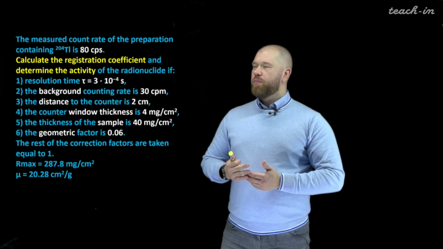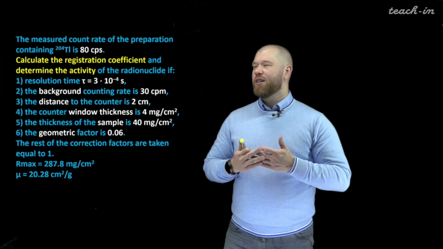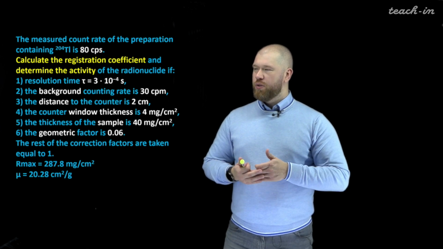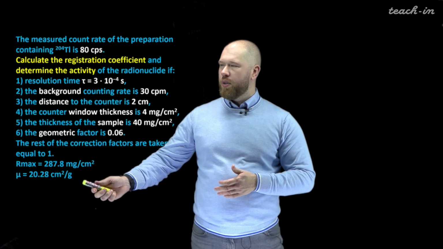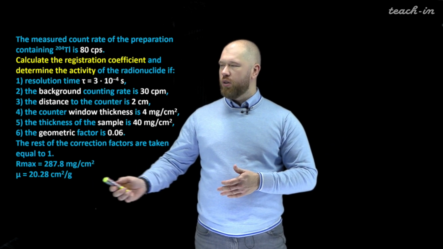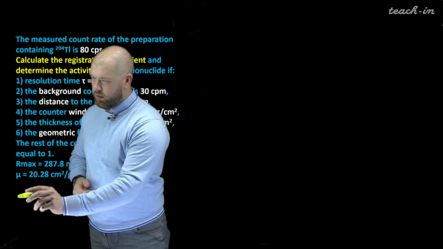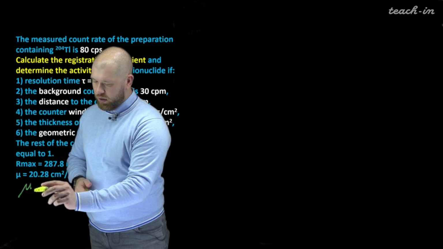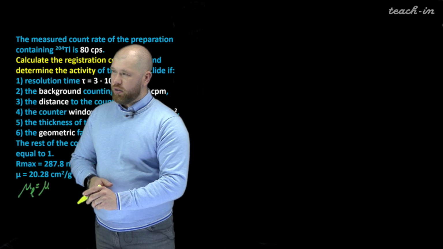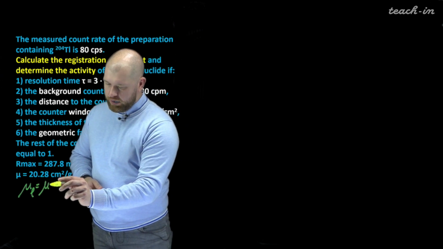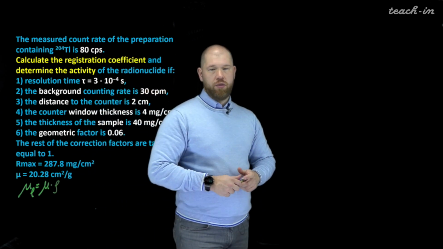To make it usable for normal distances like centimeters, in this case, you have to multiply this mass attenuation coefficient, mu. I will write it here. Mu linear will be equal to the mass attenuation coefficient multiplied just by the density of the material.